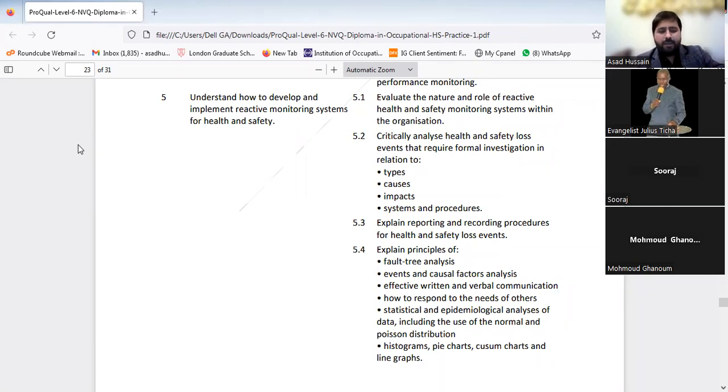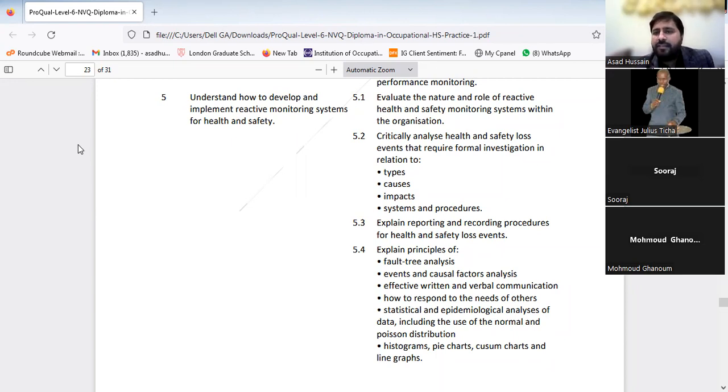Okay, now I am moving towards the last learning outcome. As we have a defined pattern in each unit, this learning outcome is checking your understanding about the development and implementation of reactive monitoring systems for health and safety, because without this understanding you can't perform well with respect to reactive monitoring systems.